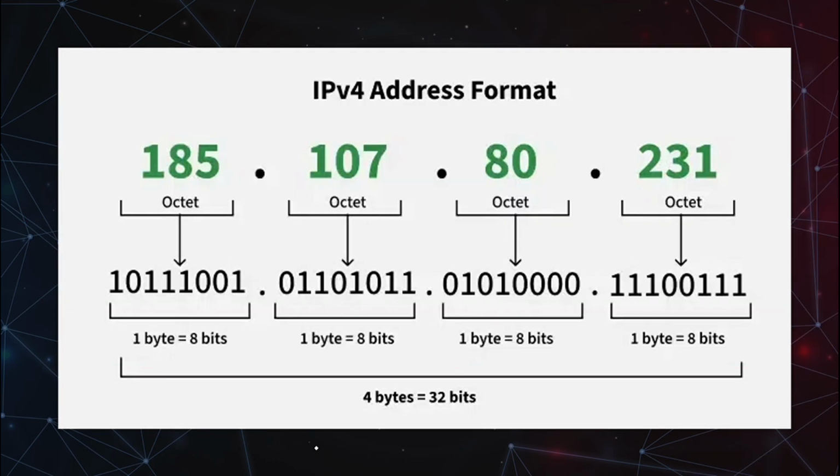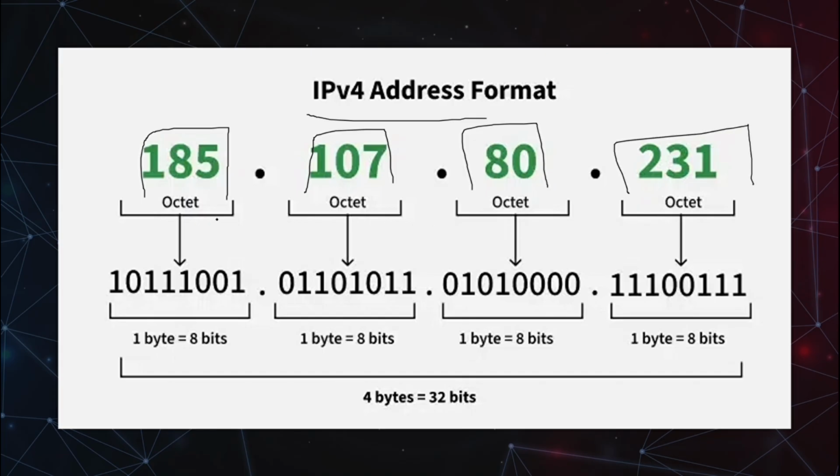And see, here is the IP address format. Wait, I will change the pen color. Okay, so here is the IPv4 address. I have told you that this is the 1st octet, this is the 2nd octet, this is the 3rd octet, this is the 4th octet, and each octet has 8 bits, like this.